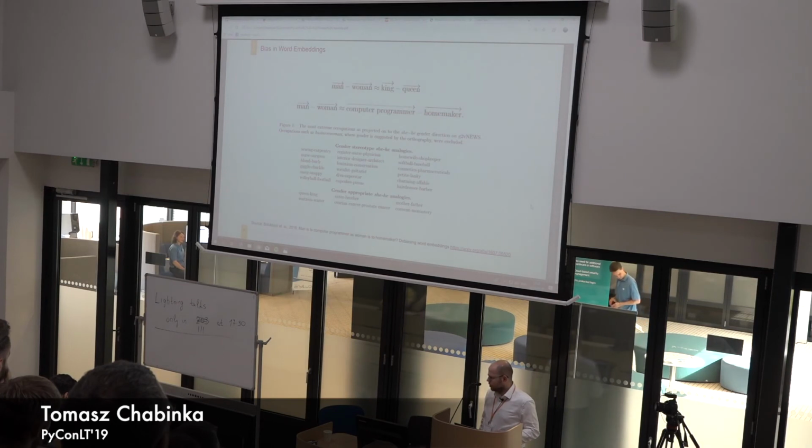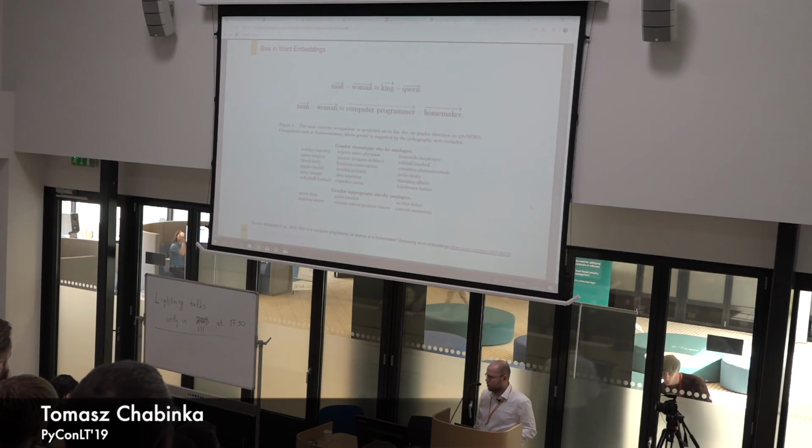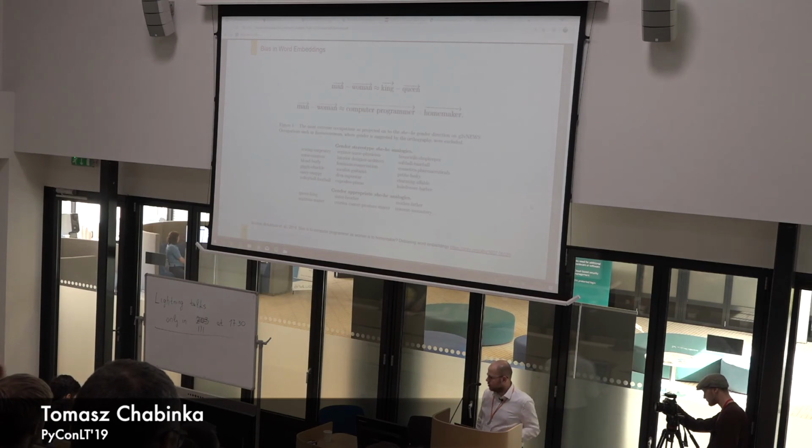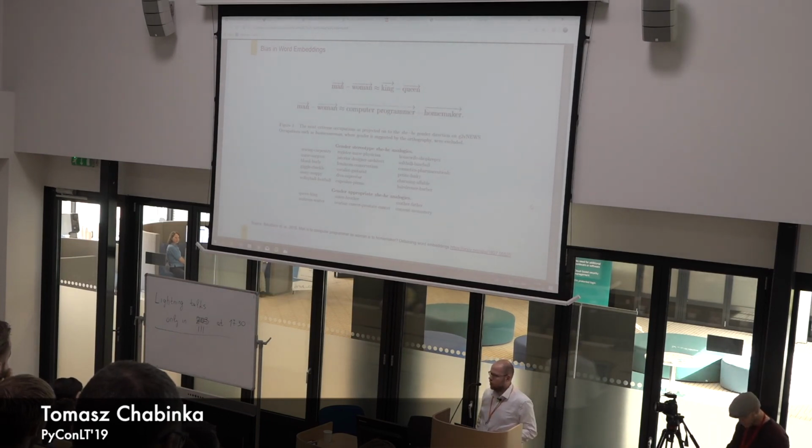When researchers checked the popular natural language processing embeddings, they discovered that this relation doesn't always make sense, right? It works well with man, woman, king, queen, but it doesn't work well with man, woman, computer programmer, homemaker or with other similar analogies. So there is a way to solve this kind of problem.